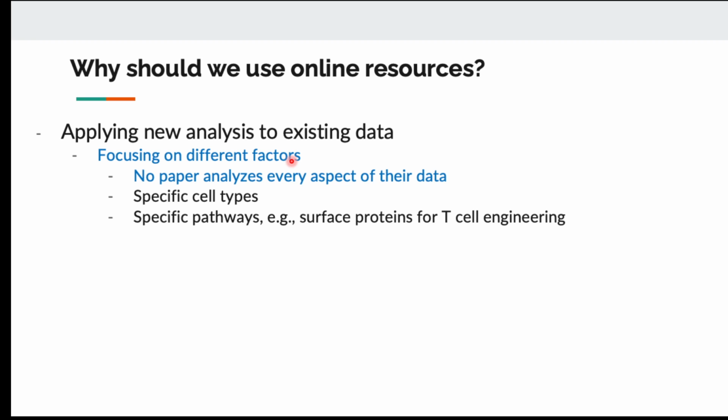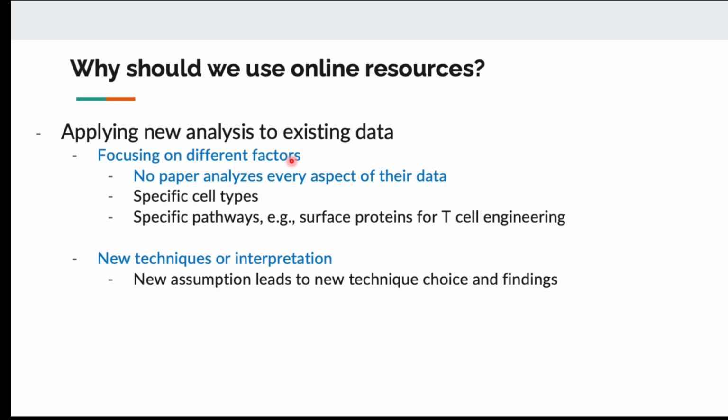There will be certain factors, like some cell types or maybe some pathways, that they don't focus on, not because those cell types or pathways are not important, but because each paper can only accommodate a few aspects of the analysis. They cannot describe every cell, they cannot describe every function. So there's always space for you to go into an existing dataset, ask a new question, and get new findings and new knowledge from it.